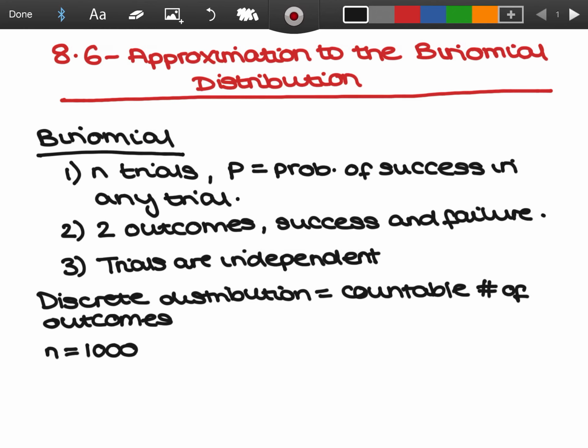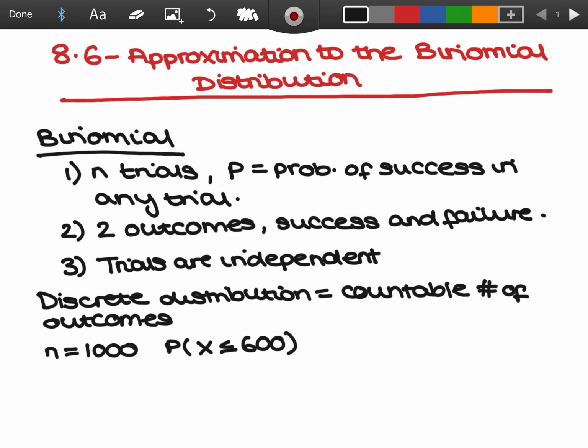So you were tossing a coin 1,000 times, you were rolling a die 1,000 times. And what they wanted to do was they wanted to figure out the probability, let's say, of having at most, so less than or equal to, 600 successes. So for their binomial distribution, they wanted the probability that x is less than or equal to 600.